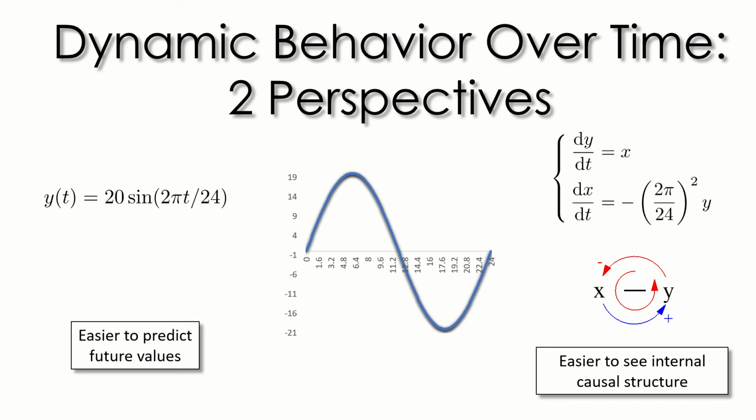And so this shows me that what I'm actually seeing here is a feedback loop. There are two variables, which I might call x and y, and these two variables interact in a negative feedback loop. So I can see that the derivative of y is equal to x, so if x increases, so does y, but the derivative of x is equal to negative something times y.